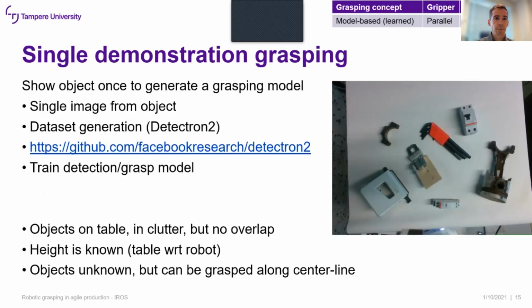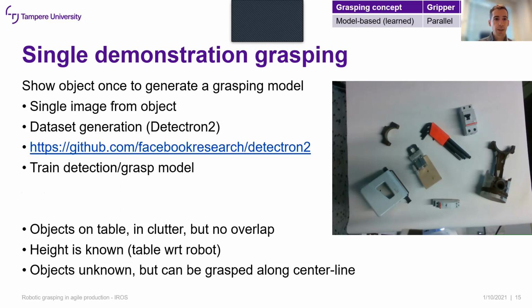Then finally, I want to show this single demonstration grasping model, where instead of a 6D pose of an object, we only have a 3D pose, as we assume that we have objects lying on top of a table, and we only need the 2D position and the orientation of these objects on the table.